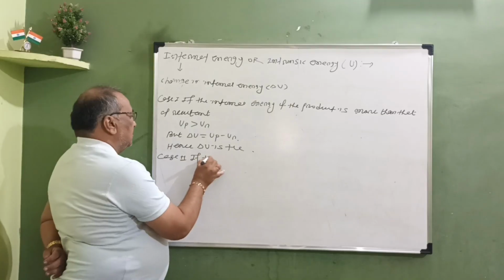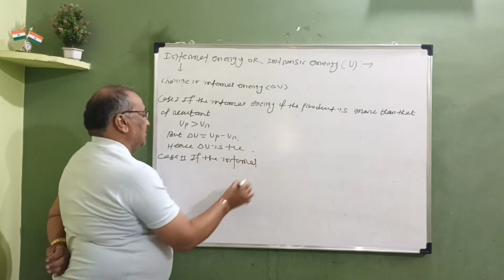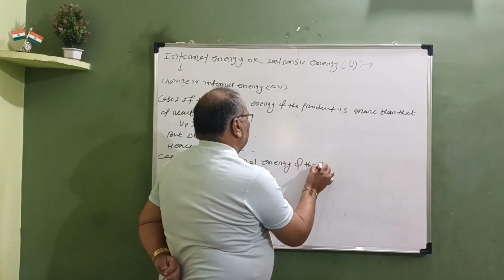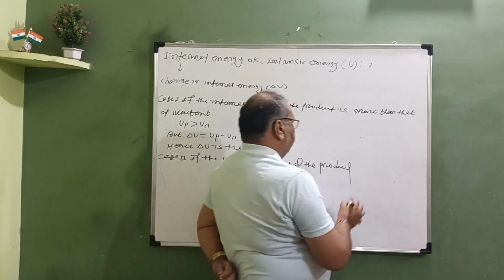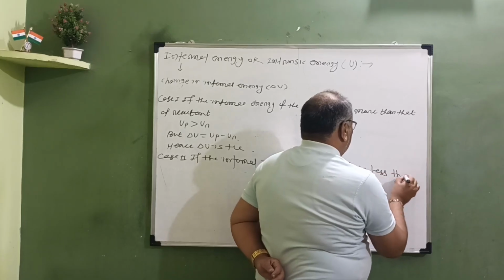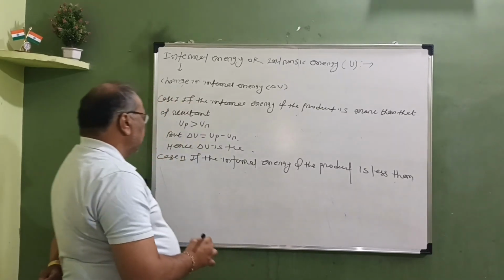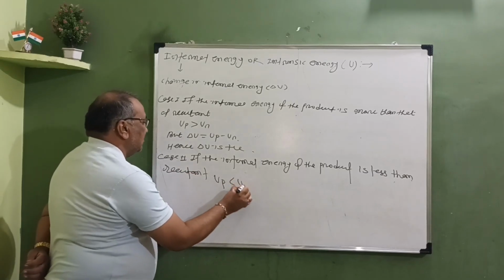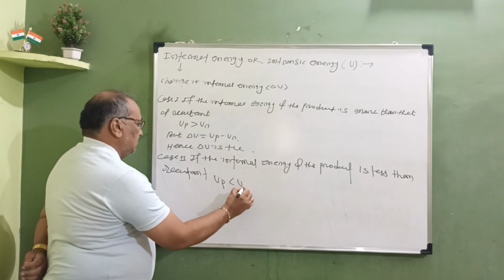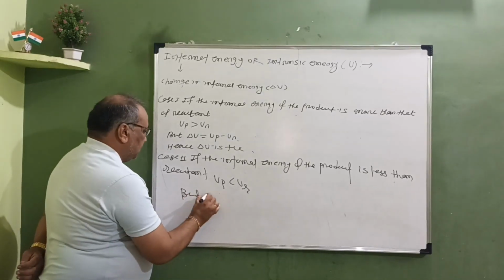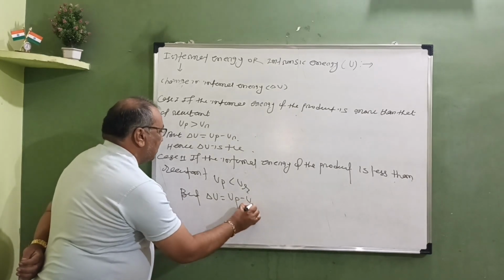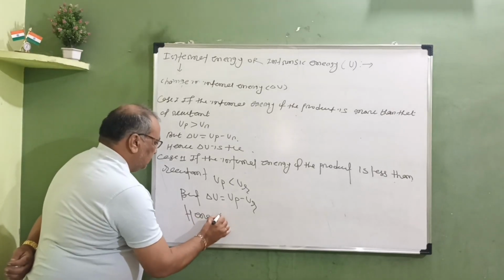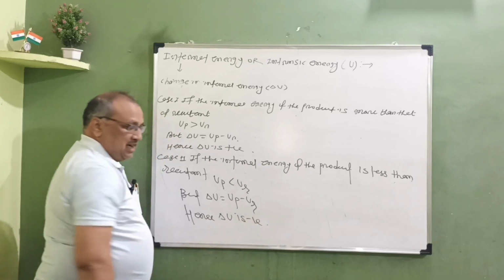If the internal energy of the product is less than reactant, that means here UP is less than UR, but delta U equal to UP minus UR, and here hence delta U is negative.